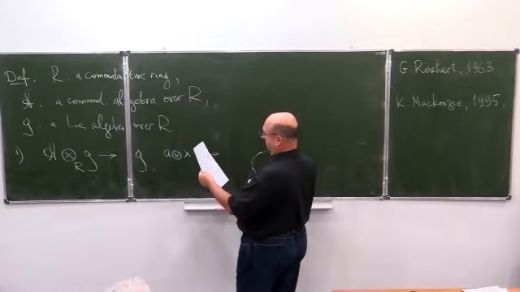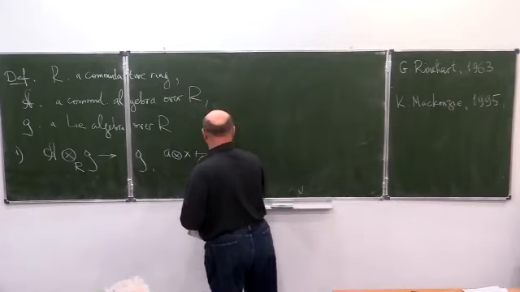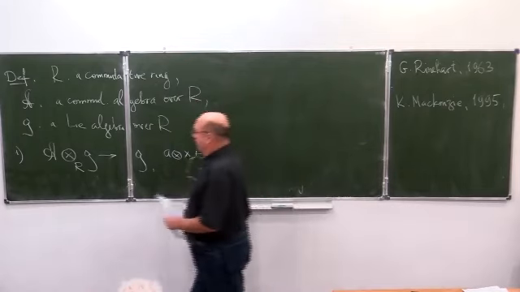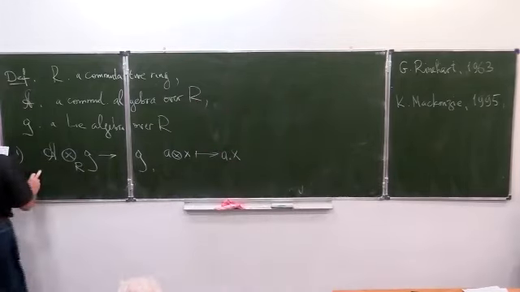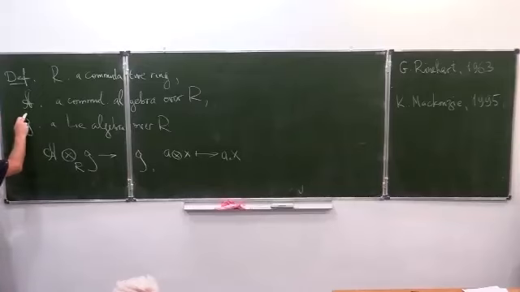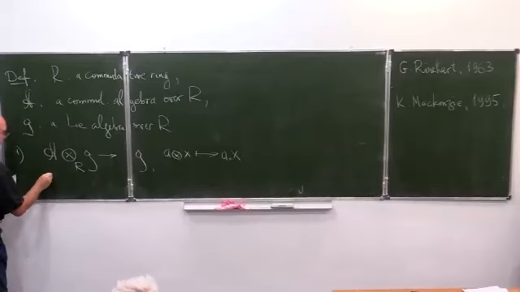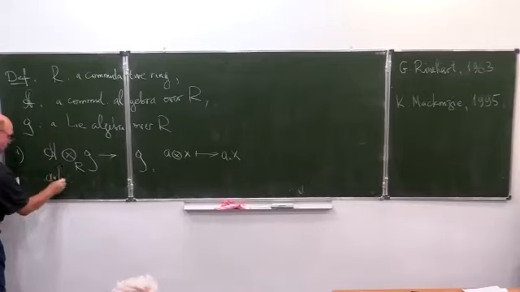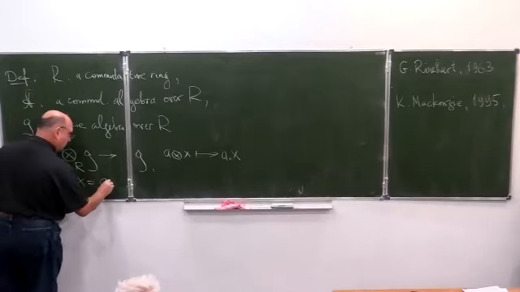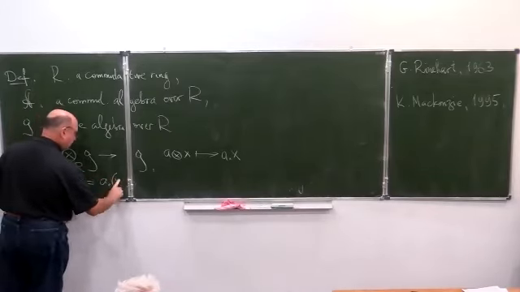Let it be denoted this way, with the lower dot. This map defines the structure of an A module. So if we take two elements of our Lie algebra, then we obtain the following.